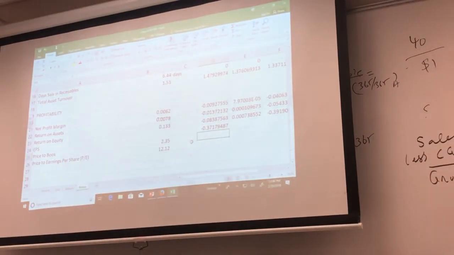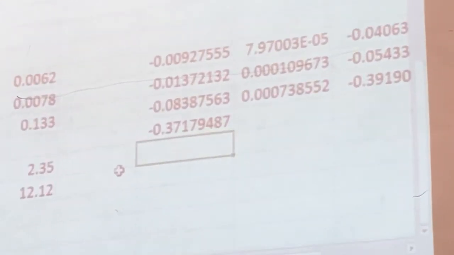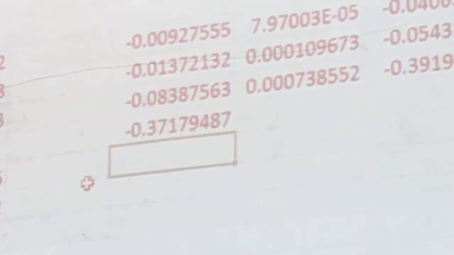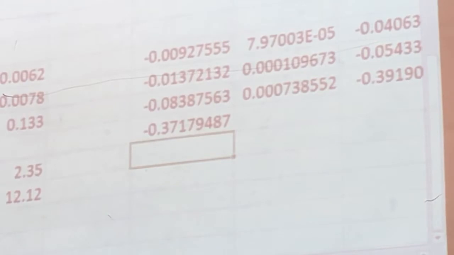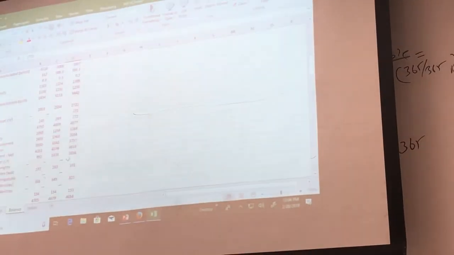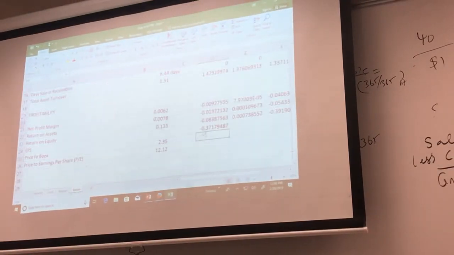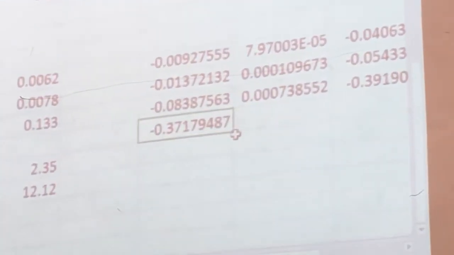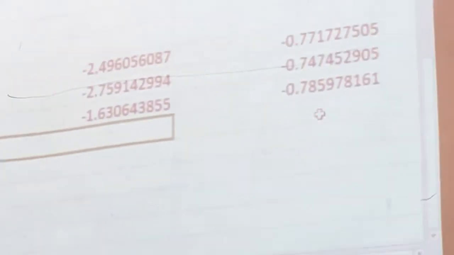All right, so this will be only for 1 year, okay, because we don't know how many shares outstanding there were for the other years, I think we can do it for other years, the number of shares outstanding is given. So let's copy this, so we can copy this.